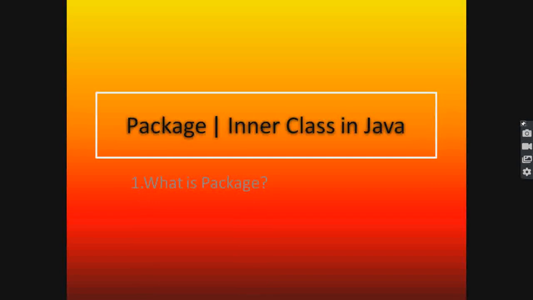So how do we declare a package? To declare a package, we need to use the keyword package, followed by the name of the package. If you want to have a hierarchy of packages, you use the keyword package and the name of the package, followed by a period, and then the next package name we would like to give.